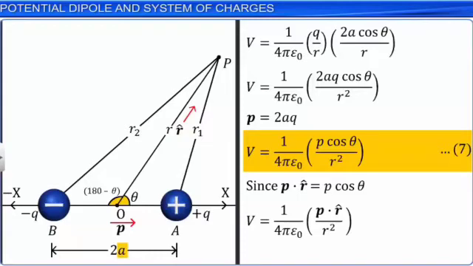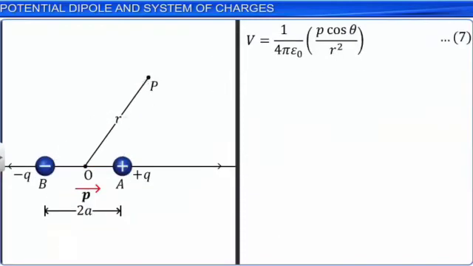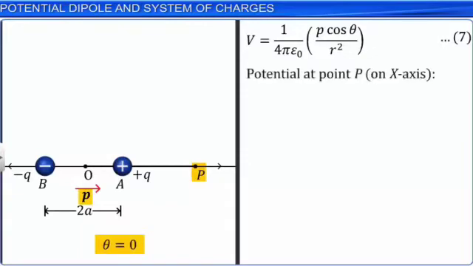If we consider point P on the positive x-axis, then the angle between the position vector of point P and the dipole moment of the dipole is 0. Then the potential at P due to the dipole V is equal to 1 by 4 pi epsilon naught into P by r square, as cos 0 degrees is equal to 1.